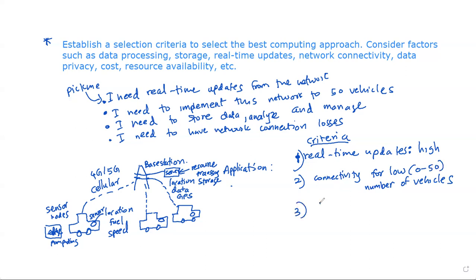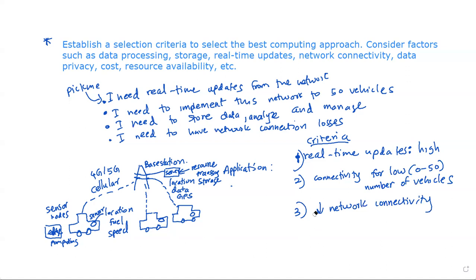Then we need to have low network connectivity losses. That means we are trying to reach the connection up to the point where we are storing the data. So once we are trying to reach that point, if we get some network losses, then we say that we are losing the network connectivity, right?